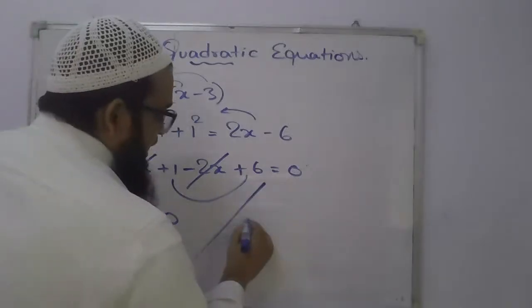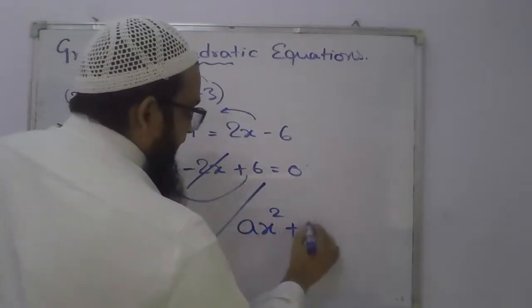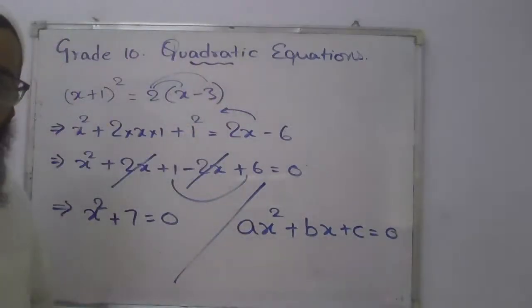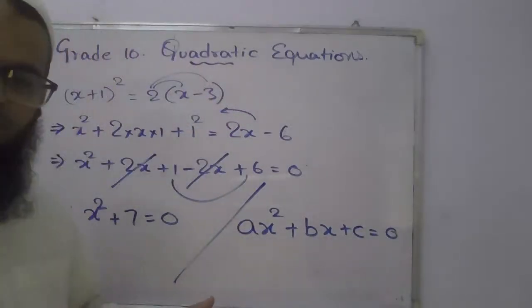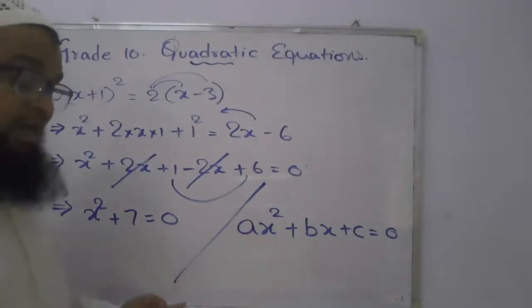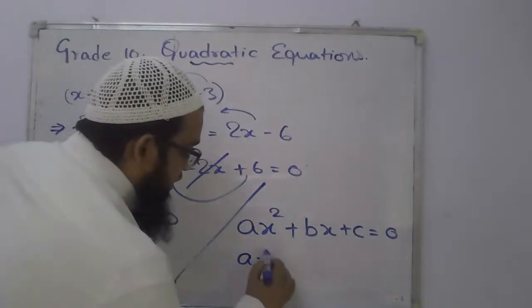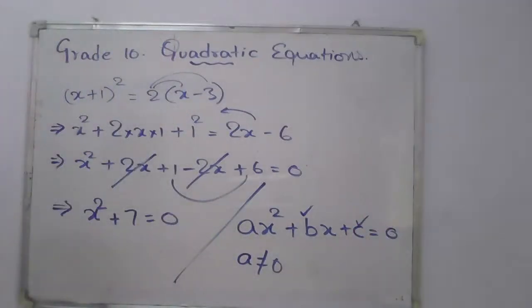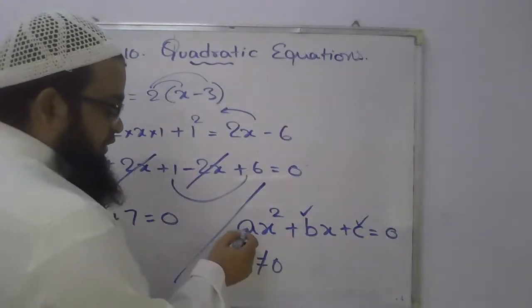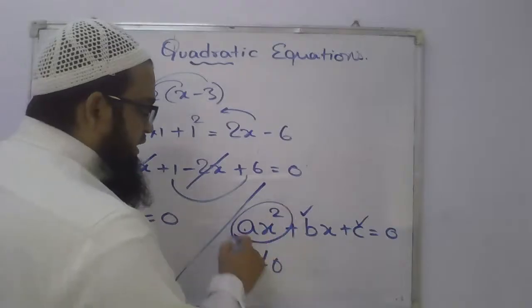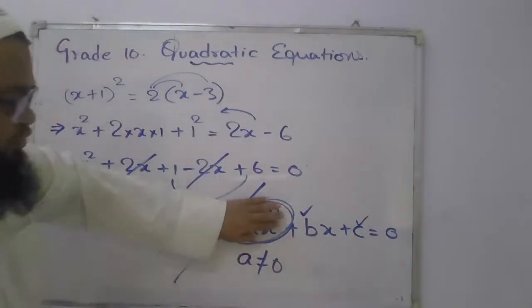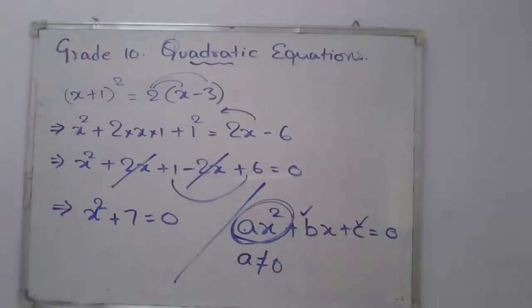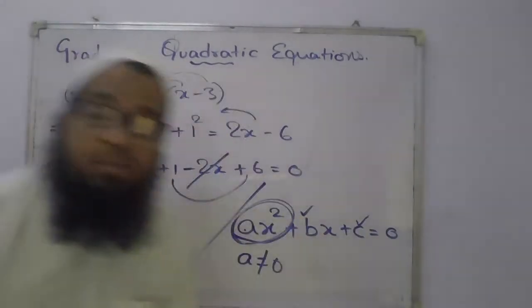My dear students, just now we have studied that the standard form of a quadratic equation is ax square plus bx plus c is equal to 0, where a should not be equal to 0, b can be 0 and c also can be 0. Understood? But a cannot be 0. Why? If a is 0, 0 into x square will become a big 0, and if you don't have the x square term, it will become a linear polynomial, a linear equation.